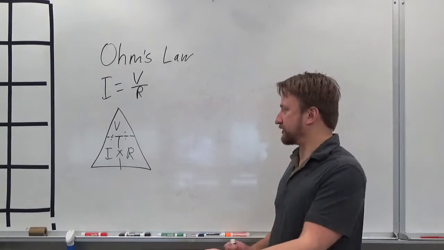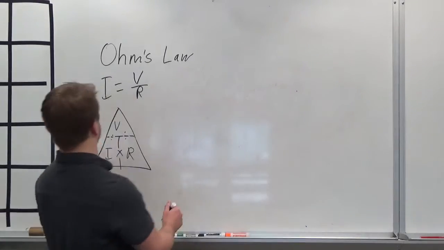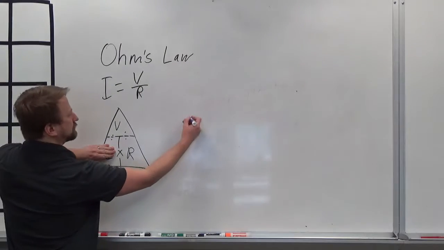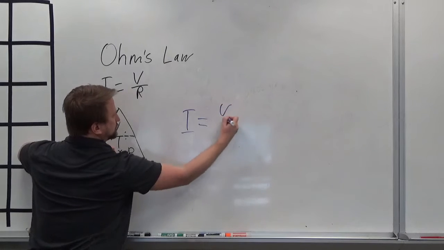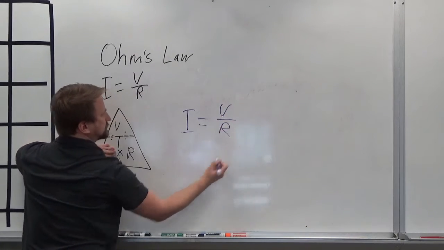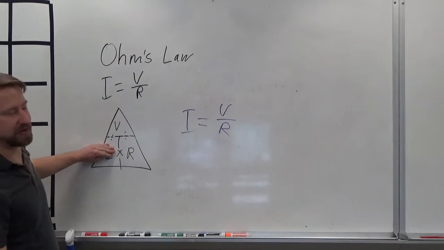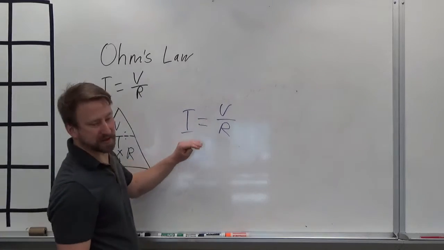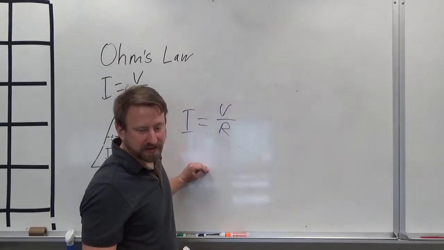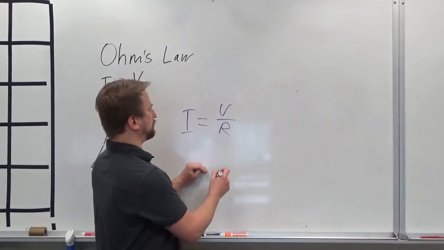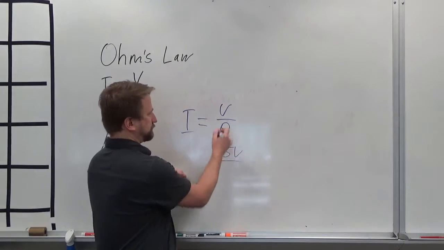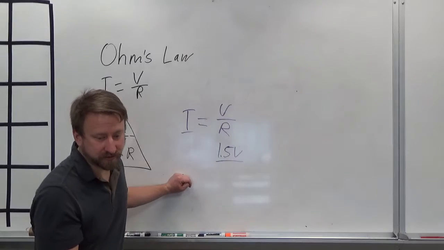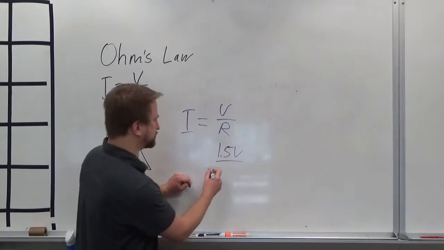So I want to figure out the current, I. I'm going to cover up I. I equals voltage divided by resistance. There's my formula. Now I just have to plug things in. What's my voltage given? It's a 1.5 volt battery. So 1.5 volts. What's our resistance? 3.5 ohms.